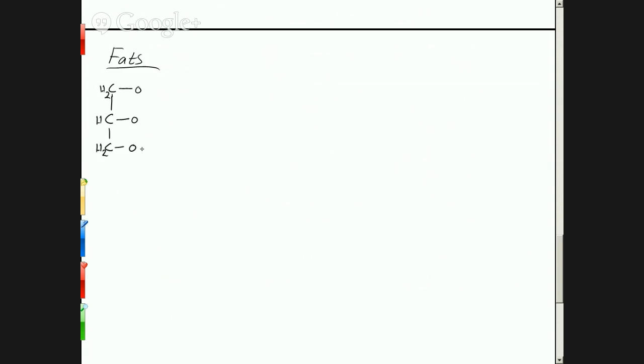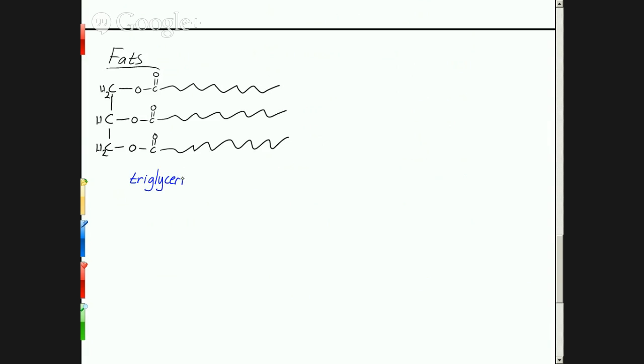And then coming off of these are these molecules with carbon double bond oxygen, and then long chains of carbons. Usually 12 to 20 carbon chains. So if you've heard the term triglyceride, that's what that is. This is a triglyceride. It's got 3 of these big long molecules connected to glycerol or glycerin on the backbone.